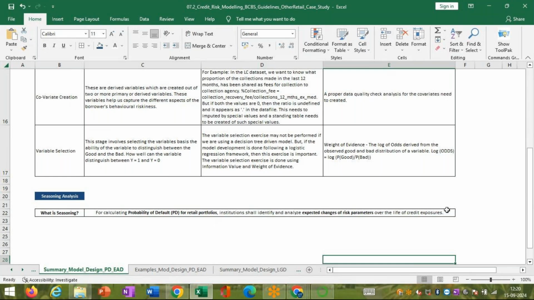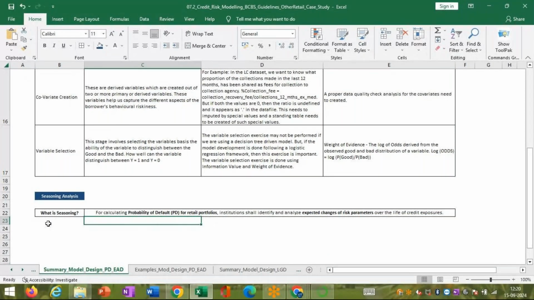So you need to ensure that when the life of the credit exposure is changing, you check whether there are any expected changes of the risk parameters. This is what the regulators require.